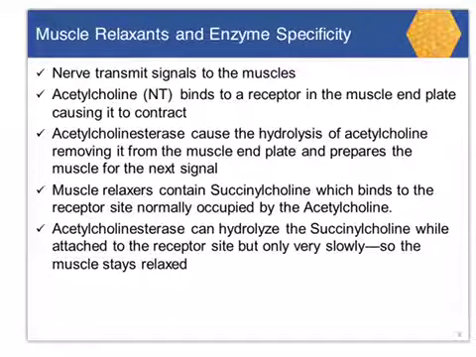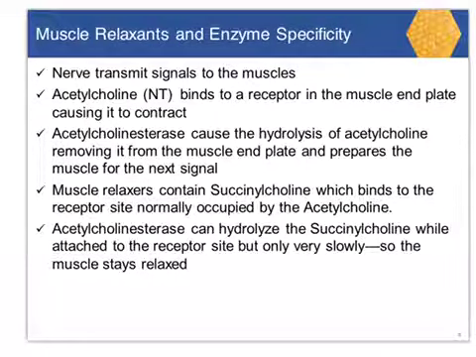So enzymes can work in a variety of ways. In this case, the catalyst is the acetylcholinesterase. It adds water to the original acetylcholine that is there, causing it to change and dislodge from that end plate.